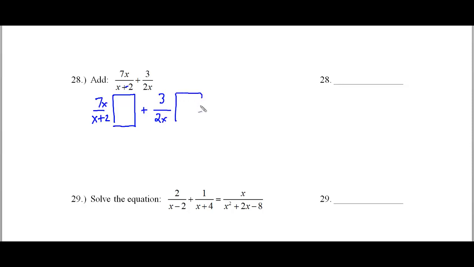We're going to multiply that by 1. Now, obviously, the lowest common denominator, I wrote LCD, lowest common denominator, is going to be the product of x plus 2 and 2x. So we're going to multiply this fraction here by 2x over 2x, which is multiplying by 1.